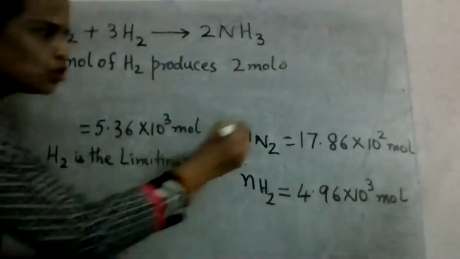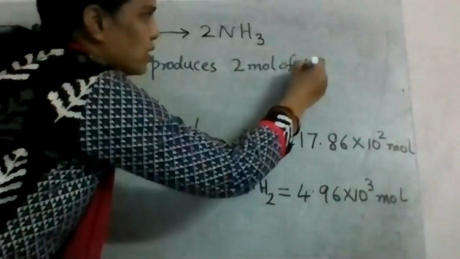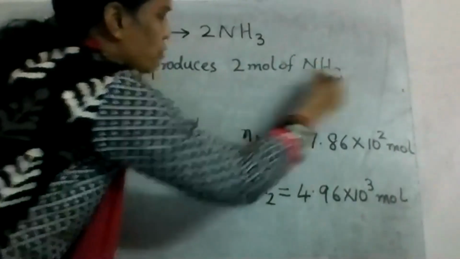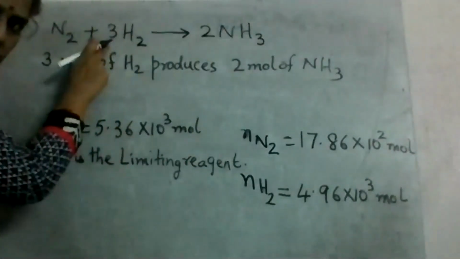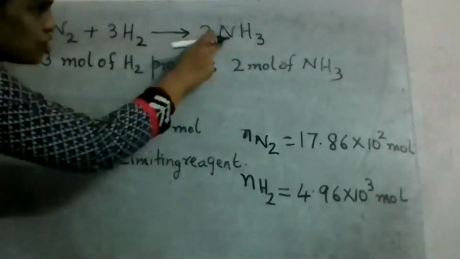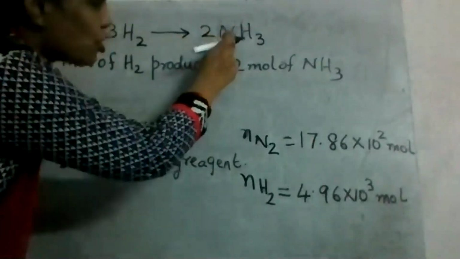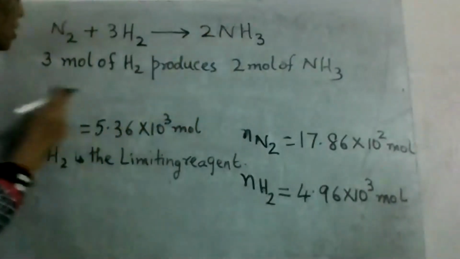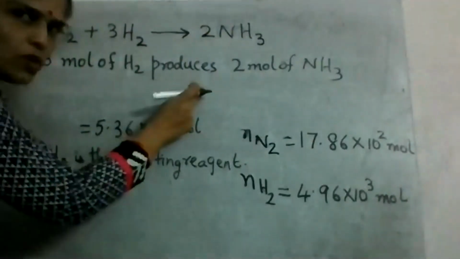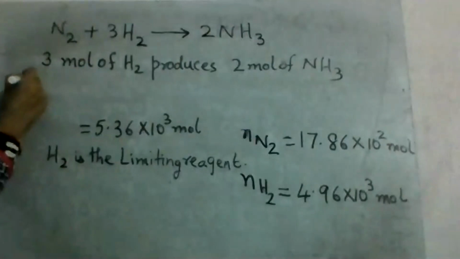From the equation I am computing that which is present in less amount, acting as the limiting reagent, is responsible for the formation of the product. Ammonia is formed here. So 3 moles of hydrogen produces 2 moles of ammonia.